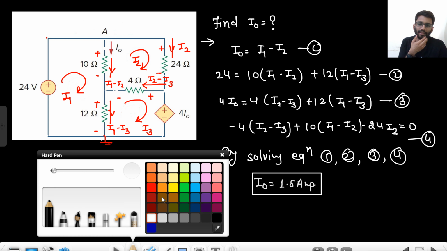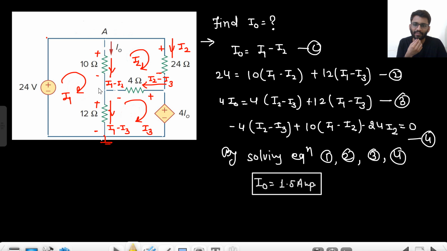Let's just assume if I make this potential as V. Okay, then what will be the value of I naught? I naught will be (24 minus V) by 10. That will be I naught. And what is the value of this potential? That is 4 I naught. Now you know the value of I naught in terms of V. The value of I naught in terms of V is (24 minus V) by 10.